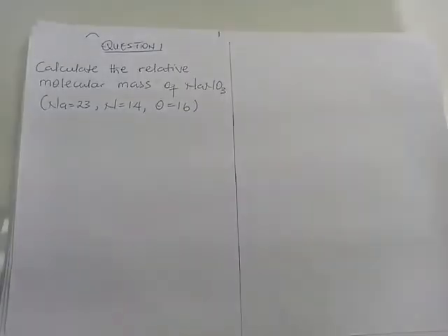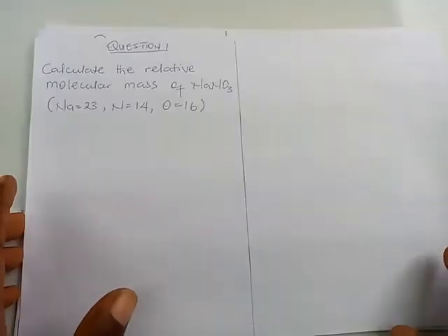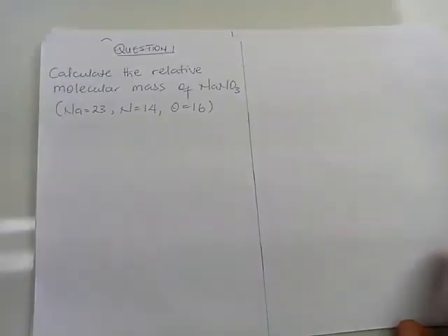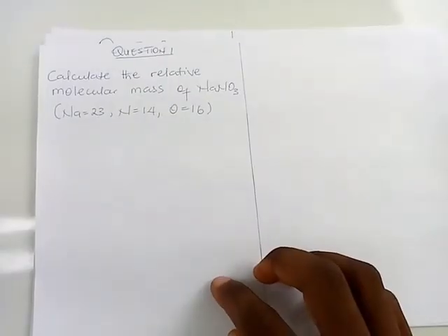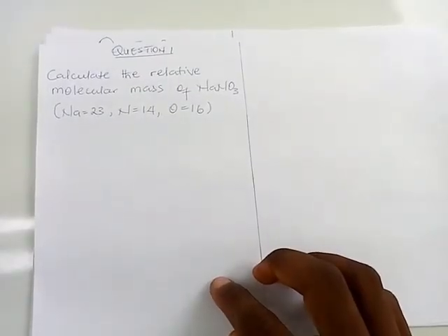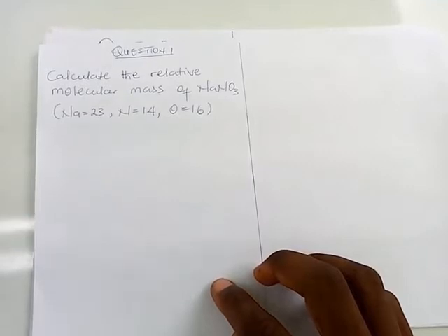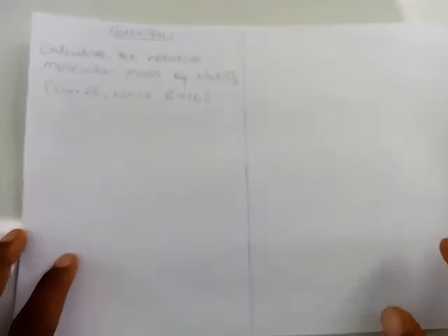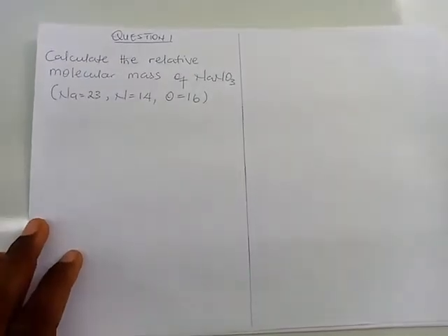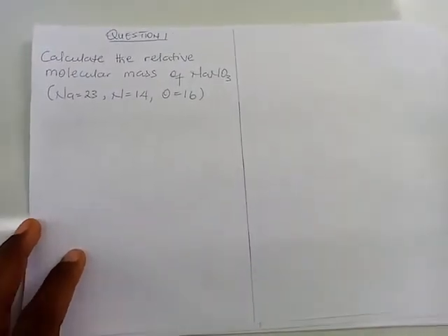The first question we have for today is this. It's written here, boldly says, calculate the relative molecular mass of sodium trioxonitrate(V). And already we have been given the relative atomic masses of the elements involved.